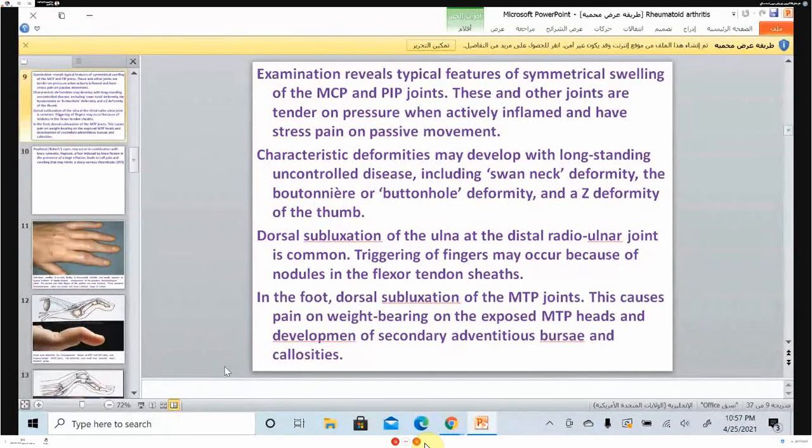Triggering of fingers may occur because of nodules in the flexor tendon sheaths. In the foot, there is dorsal subluxation of the metatarsophalangeal joints. This causes pain on weight bearing on the exposed metatarsophalangeal heads and development of secondary adventitious bursae and callosities.